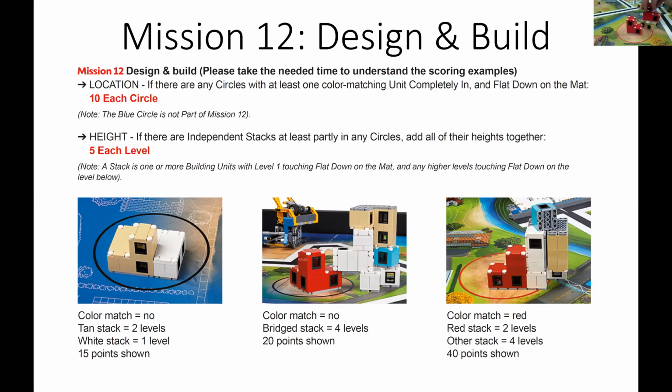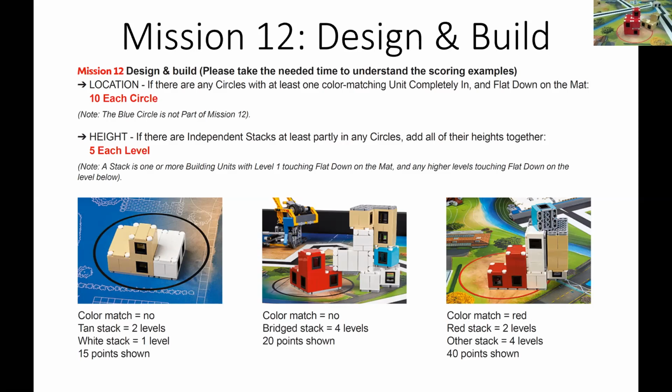If I then come over here and do this, now it's a bridged stack, I'll get 3 times 5 for this, but I won't get independent for these. On the other hand, if I manage to stack this like that, and it's just barely balanced, now I get 10 points for this, and I get 15 points for this, plus the 10 points for being color matched in the circle.